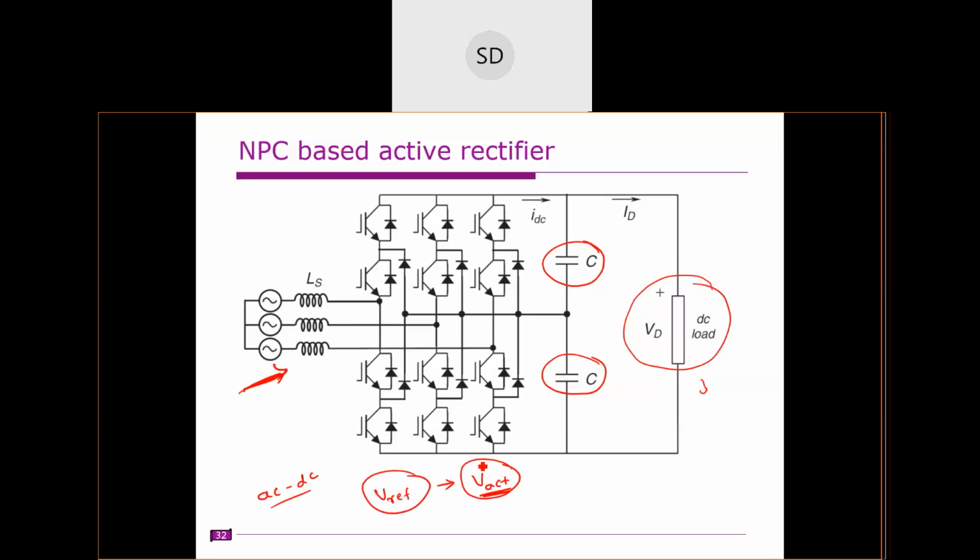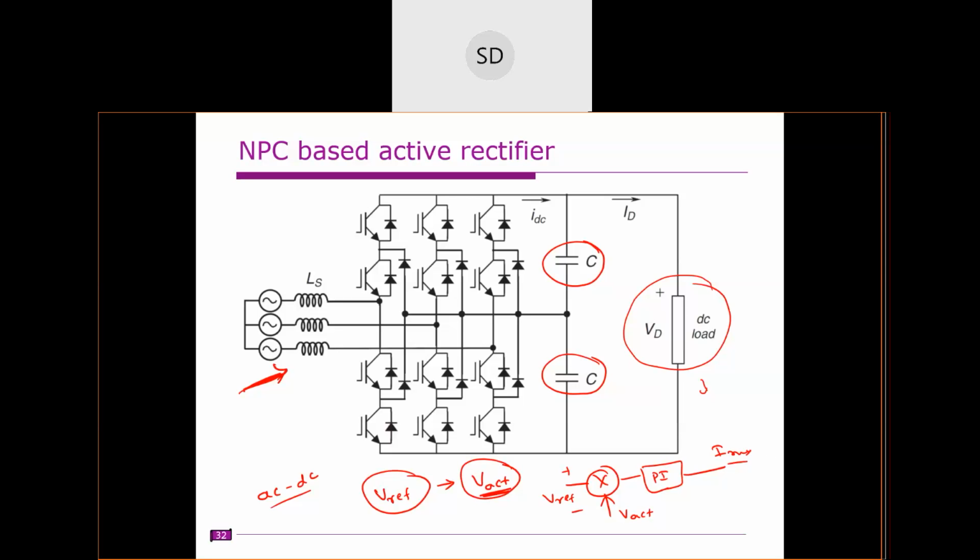Earlier you had only one capacitor. So we have this reference, a PI controller, and V actual, and that gives you the I maximum, because you have only one capacitor to control.